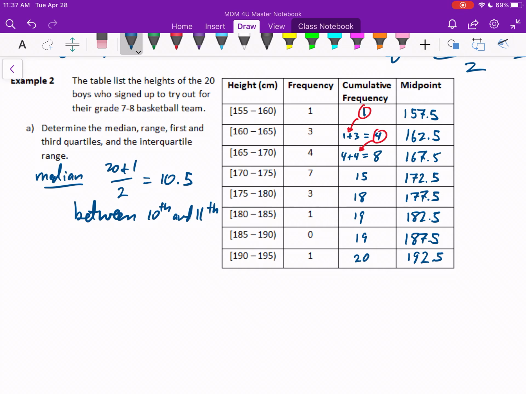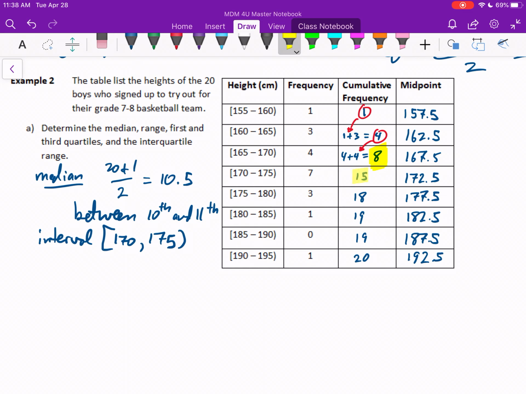The 10th and the 11th pieces of data are going to fall in the interval from 170 to 175. The reason for that is, if I imagine writing them all out, by the time I get to the interval 165 to 170, I've only got 8 boys.